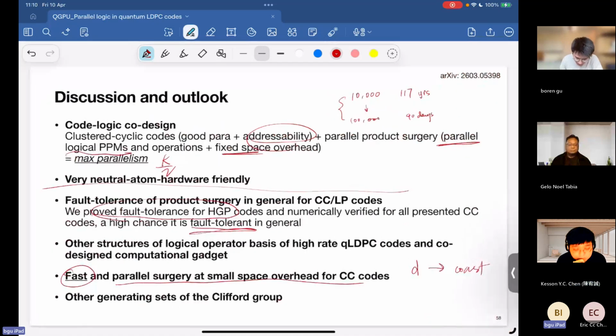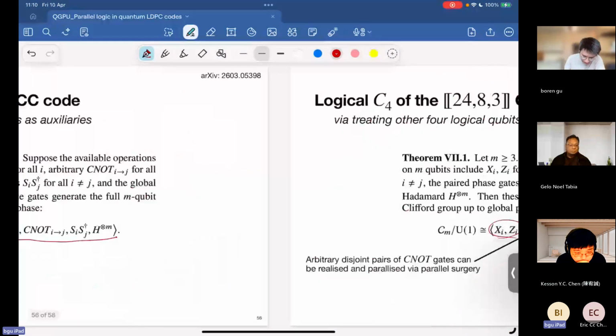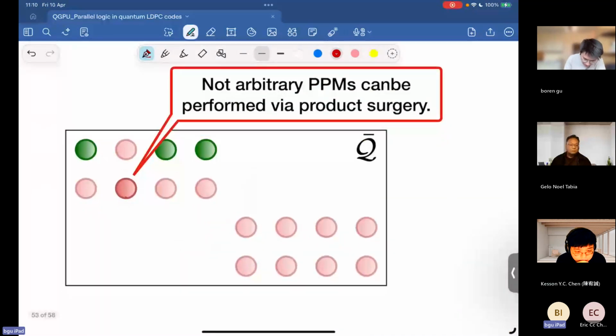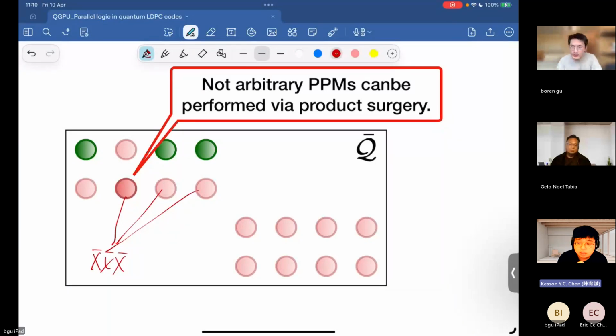I kind of get what you mean. So you're asking, for example, can we measure XXX of these three? Your measurement will create the logical XXX. I saw your measurement of XX is to do the CNOT, right? To create a logical CNOT.